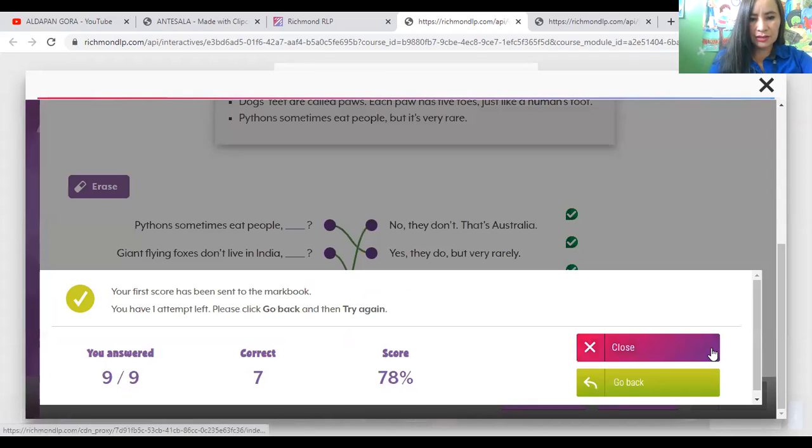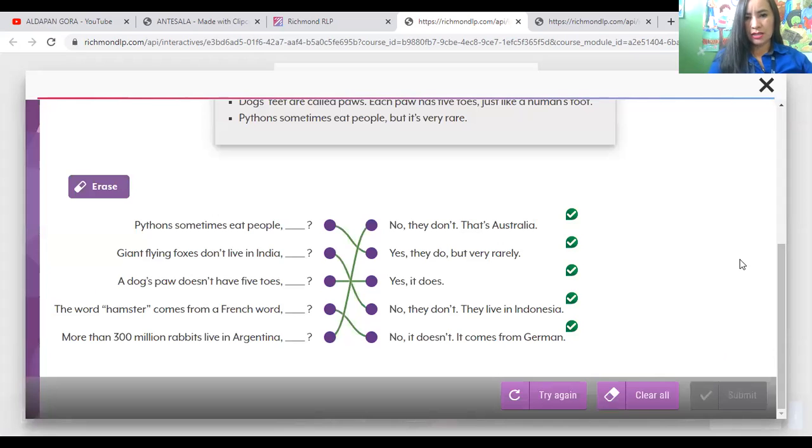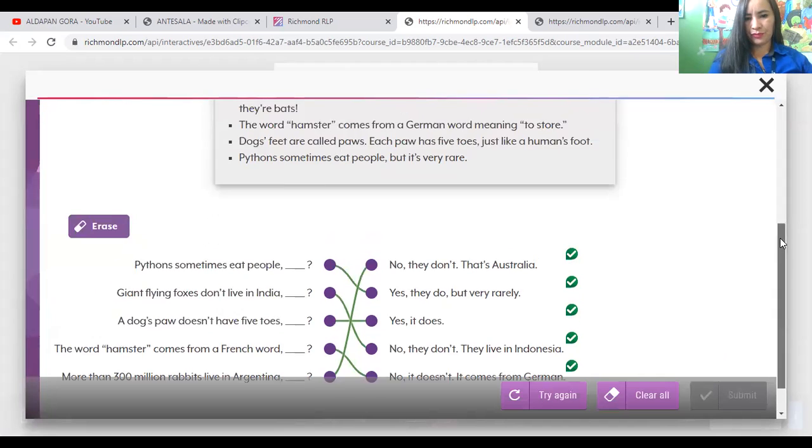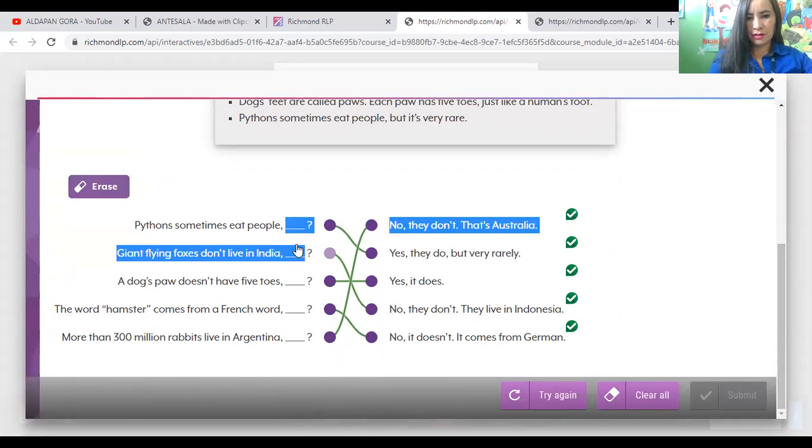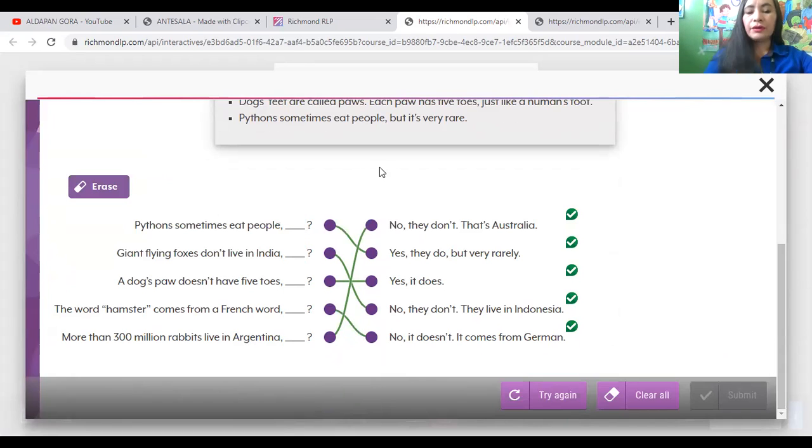These are the correct sentences we have in here. I'm gonna close this right now. May I close this?